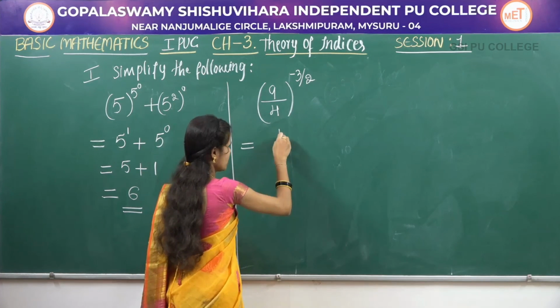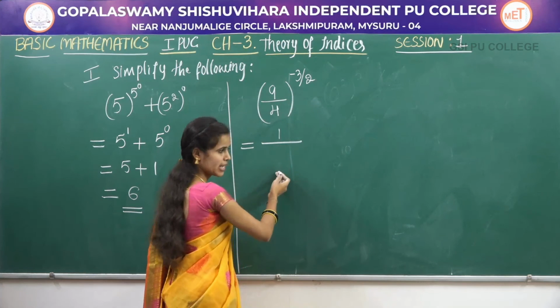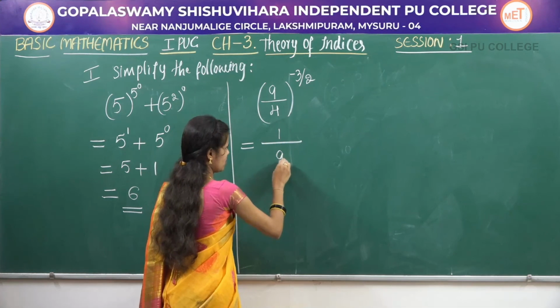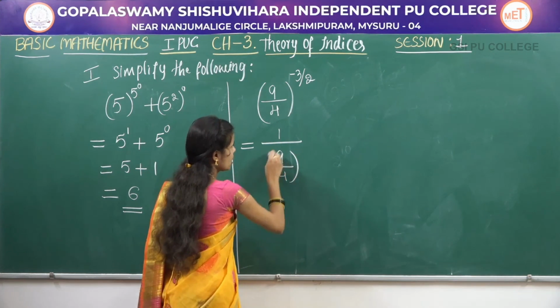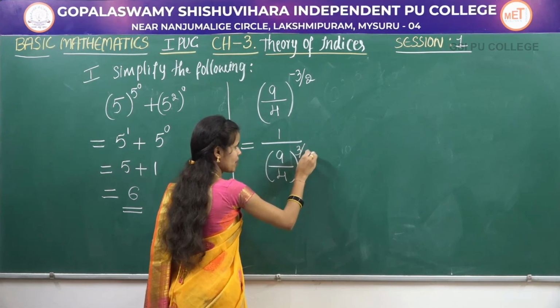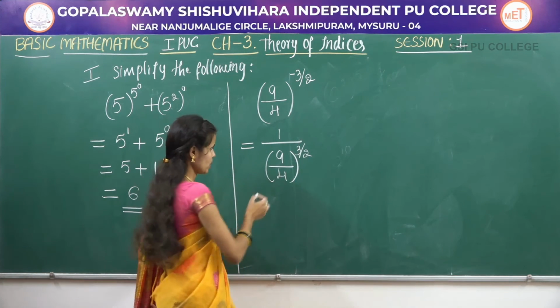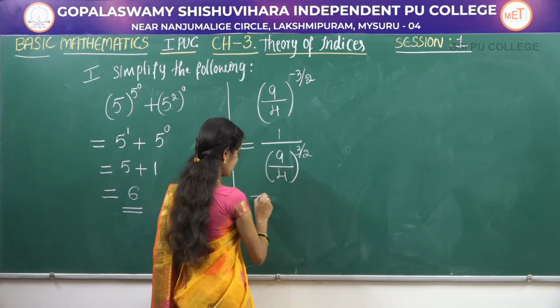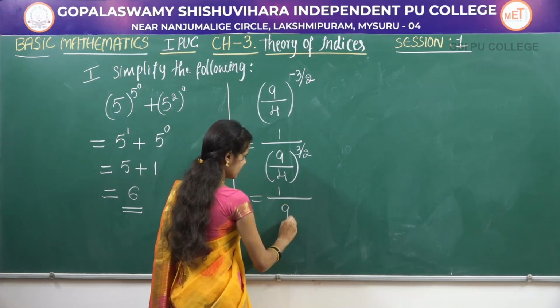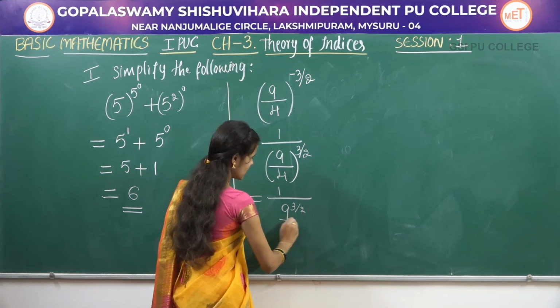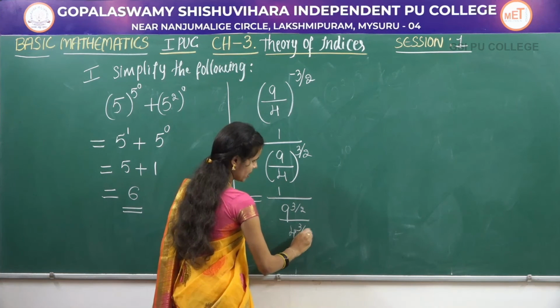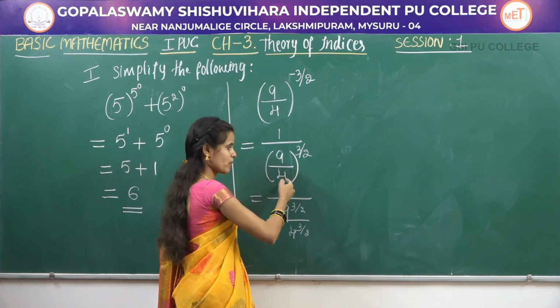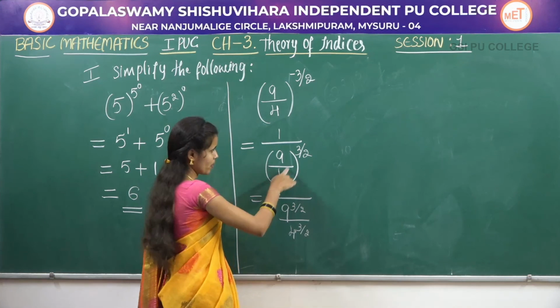So take this term into the denominator, and it becomes positive. 9 by 4 to the power of minus 3 by 2 becomes plus 3 by 2. Now split the power to each term. 1 by 9 to the power of 3 by 2 divided by 4 to the power of 3 by 2.